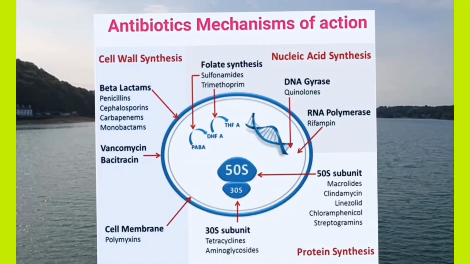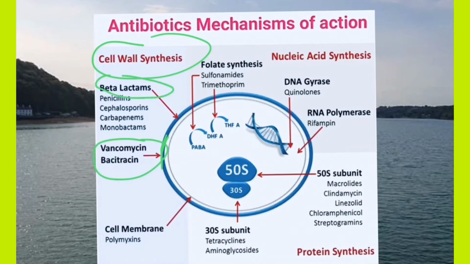We are going to understand the basic mechanisms of action of antibiotics. When you are going to understand actions on cell wall synthesis, there is the cell wall on which vancomycin, bacitracins, and all the beta lactam antibiotics act. While the cell membrane is attacked by polymyxins.